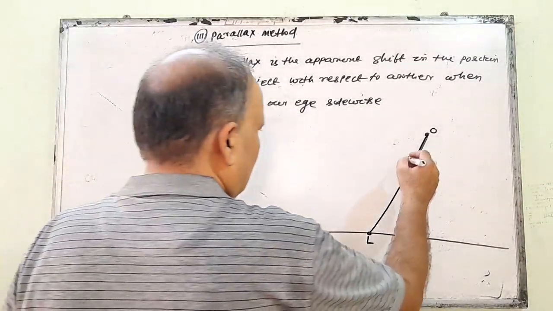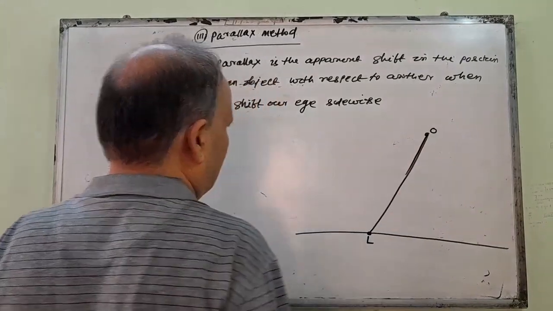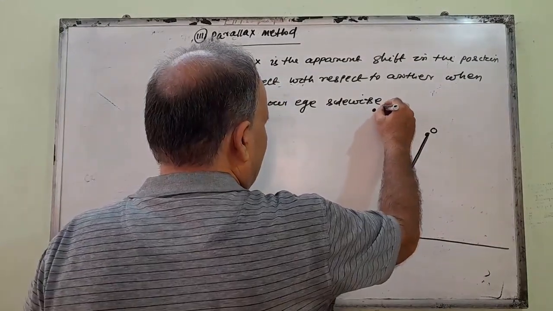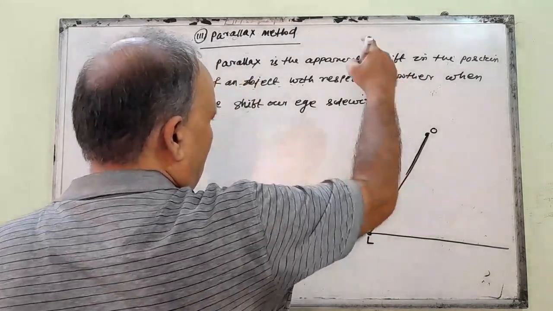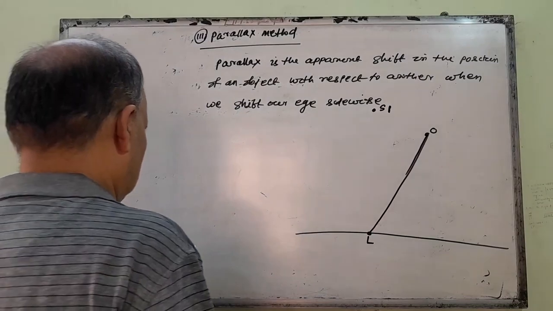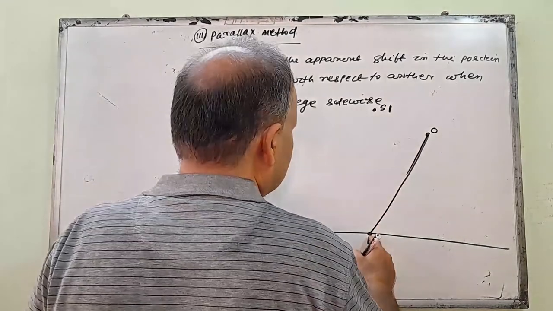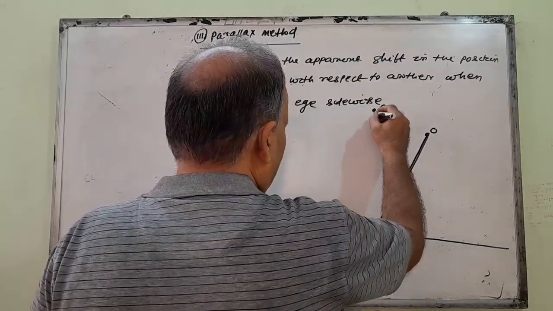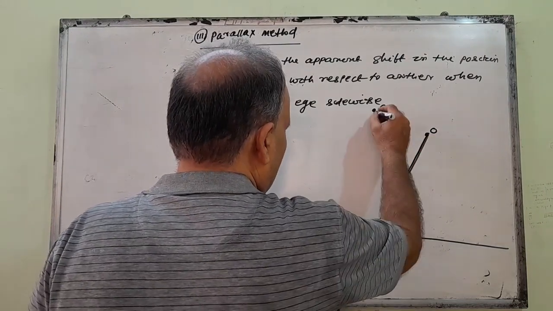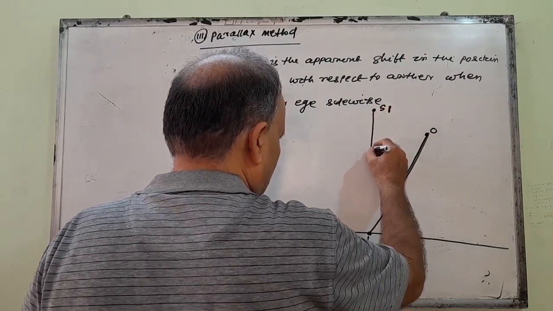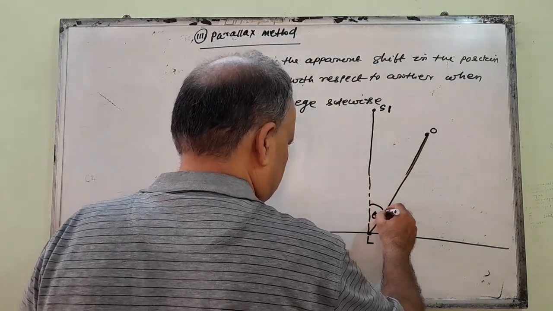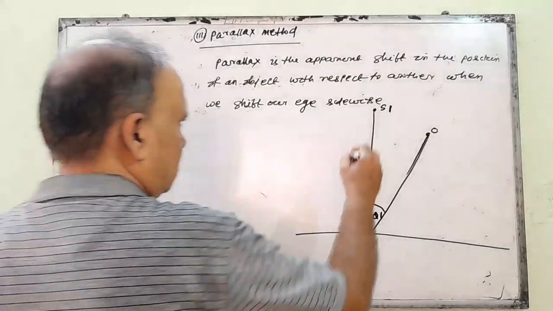Suppose you see S1 is a distant point, or distant star, from O such that this left eye makes angle phi 1 with OL. Phi 1 with OL. You see this term.